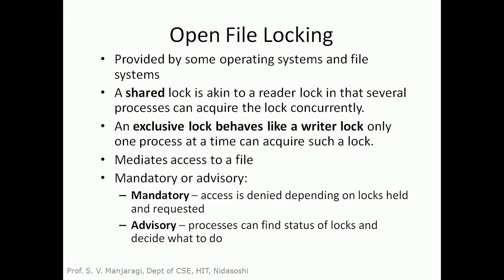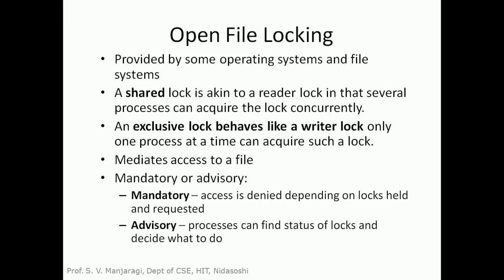A shared lock is also called a reader lock. Several processes can acquire the reader lock or shared lock concurrently. It means many processes are allowed to read the contents of the same file concurrently.